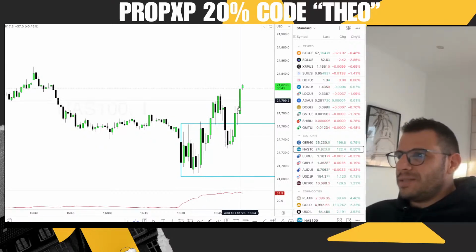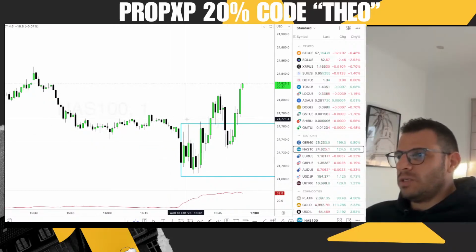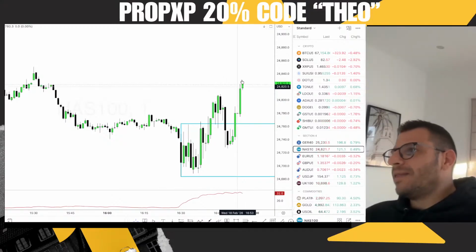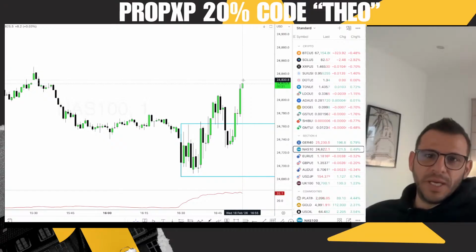If the buyers were so strong to take the price outside of this consolidation, I think we're going to have a bullish session today, at least for the next couple of hours.